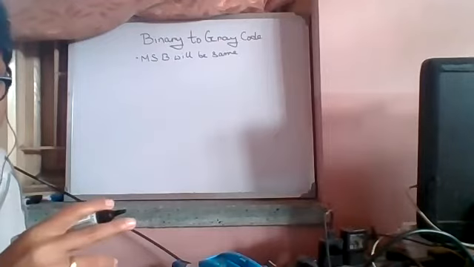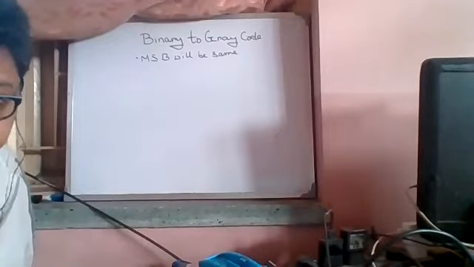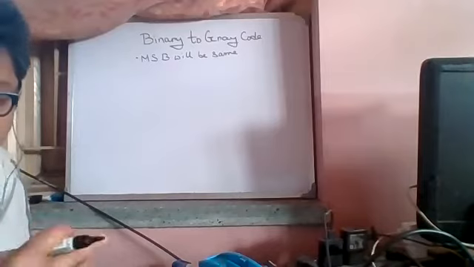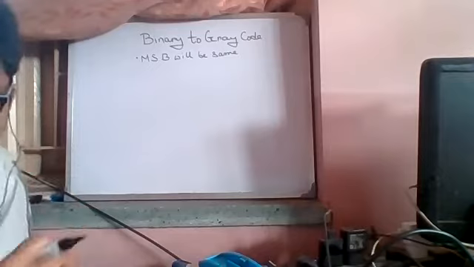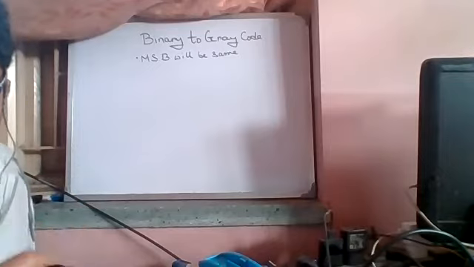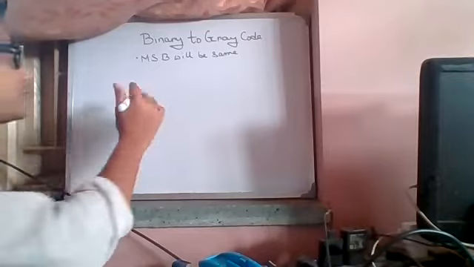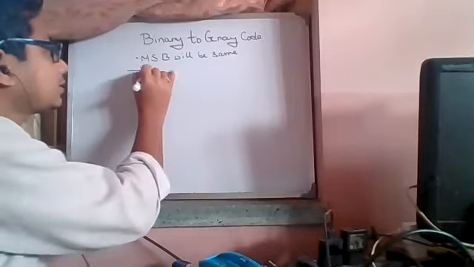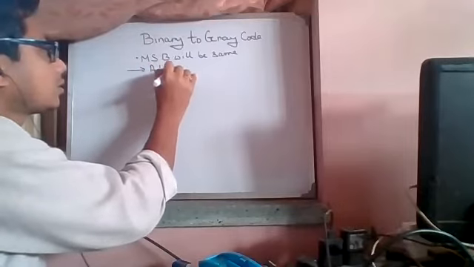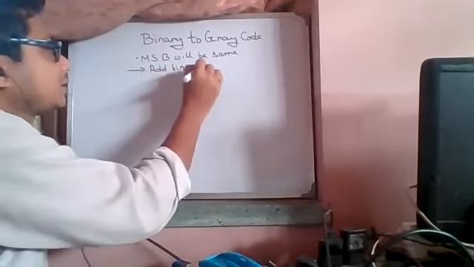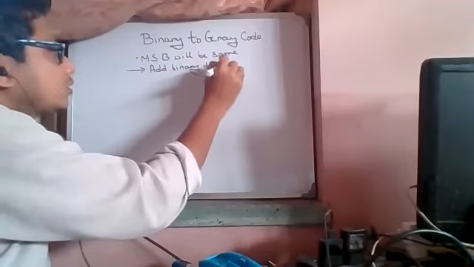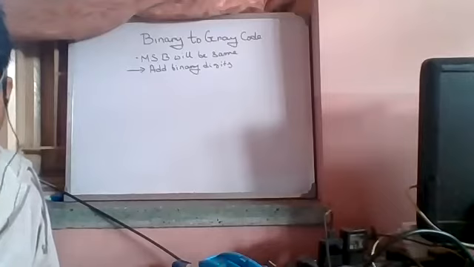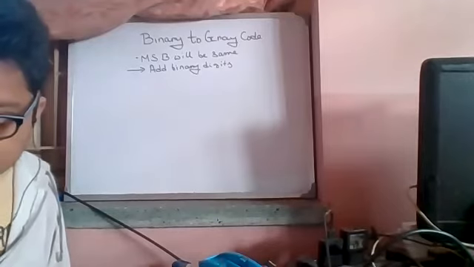Then going left to right, add each pair of binary digits to get the next gray code digit. And that's all.